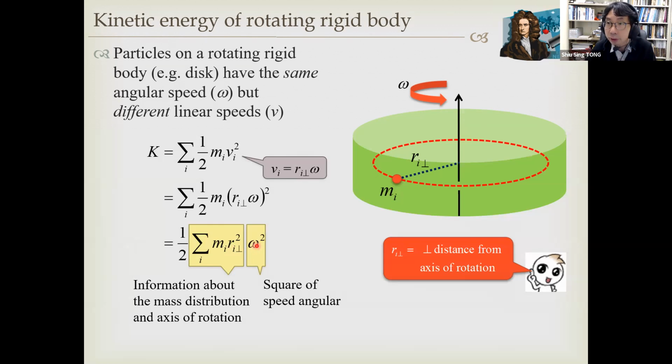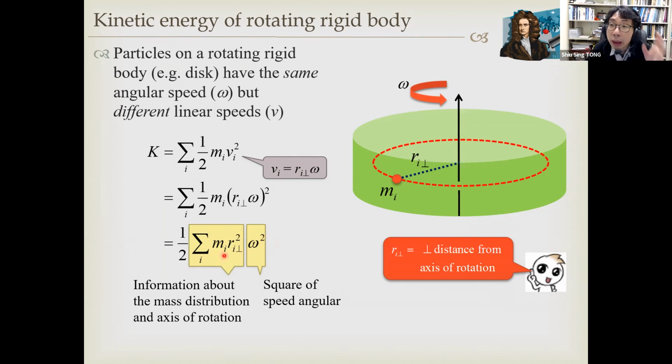The other factor, omega squared, gives you an idea of how fast the object is rotating. It's nice to separate them, right? Because the first quantity is intrinsic to the body and the axis, while omega just describes how fast the object is moving. Okay, so we separate that.